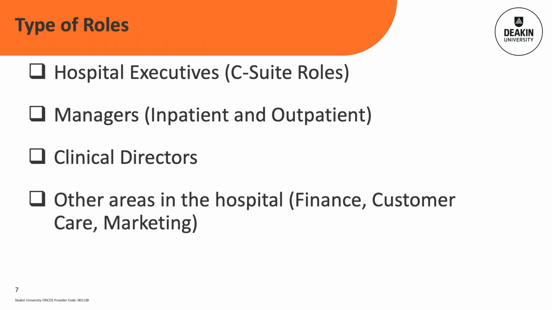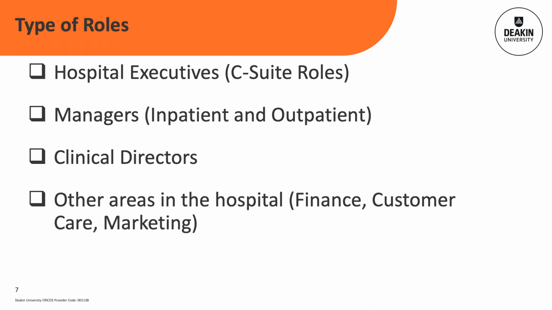So what are the different roles in hospital administration? Starting off with the very senior positions, what we call the C-suite roles, including the Chief Executive Officer, Chief Medical Officer, Chief Nursing Officer, Chief Technological Officer, and so forth. And then you have the second and third tier positions, like the managers managing different parts of the hospital, including the inpatient wards and the outpatient departments.